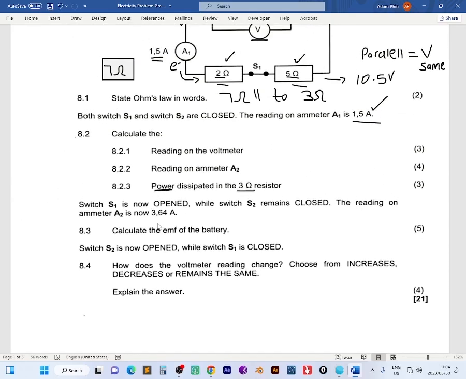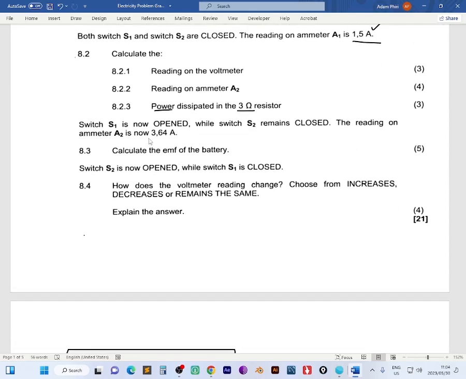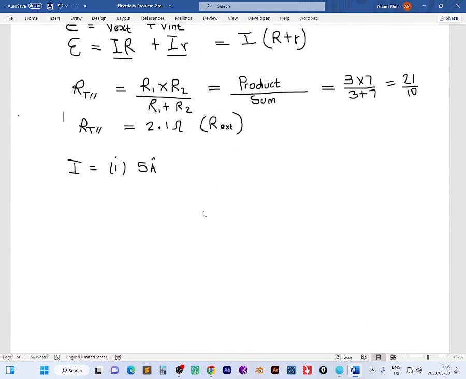In the first situation we calculated that the current is 5 ampere, and in the second situation it's 3.64. The electromotive force doesn't change, remember, but changing the resistance and other factors will affect the value of the current, and maybe even the potential difference at different points of the circuit.